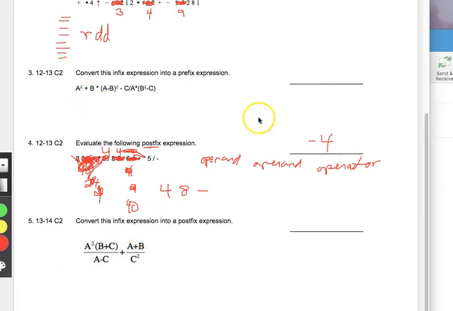Hey, backing up to number 3. We're going from infix to prefix. So first, you got to think, what would I do in math first, according to PEMDAS, please excuse my dear Aunt Sally, whatever. I would do the a squared first. An a squared in their notation with prefix would be represented as an upward arrow A2.